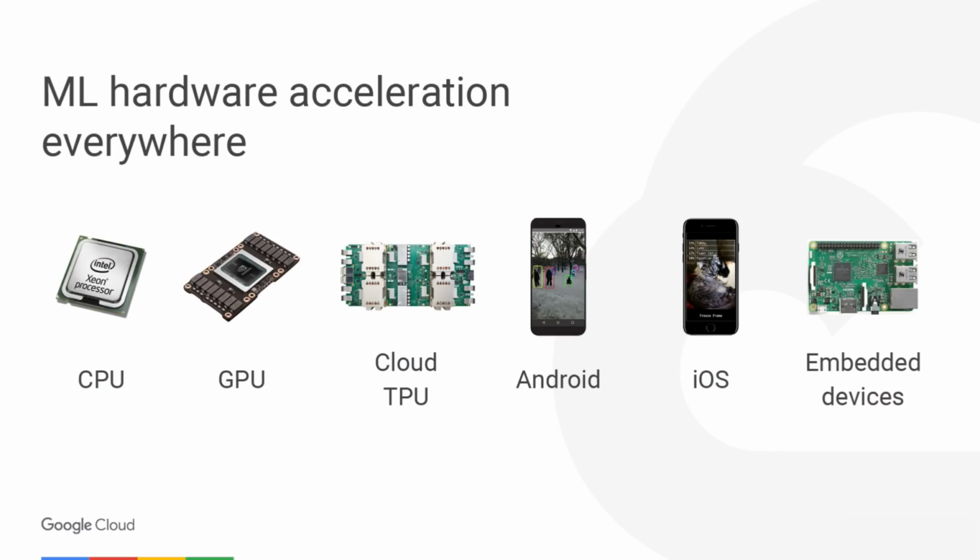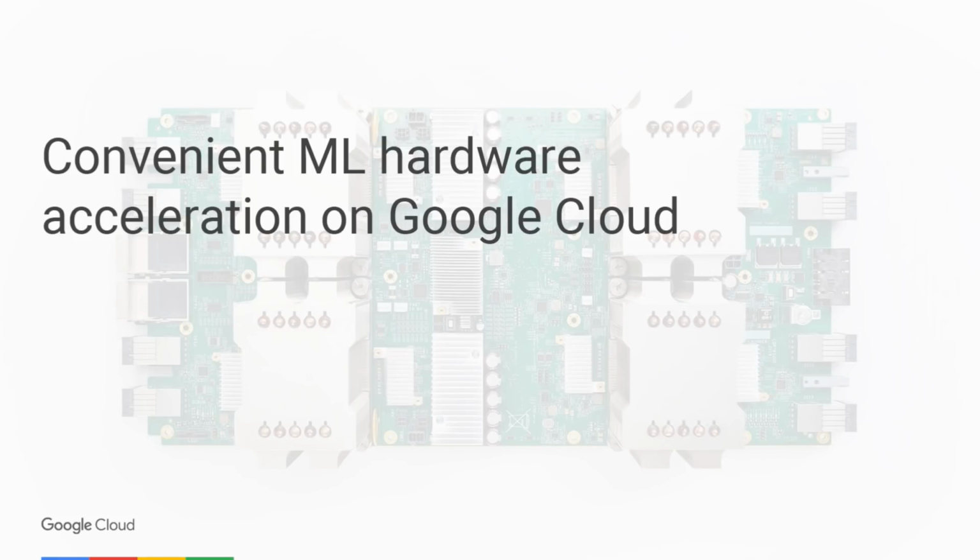There's about to be a Cambrian explosion of different types of hardware acceleration for machine learning across all these different platforms and more: CPUs, GPUs, cloud TPUs, mobile devices, including Android and iOS, and embedded devices, all the way down to the Raspberry Pi. What we're focusing on today is how convenient we've made it to access ML hardware acceleration on Google Cloud. I'd like to hand it off to John.